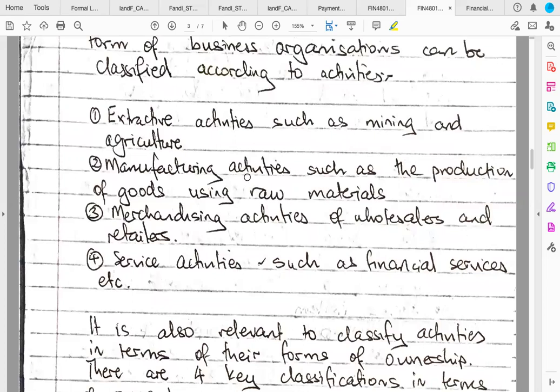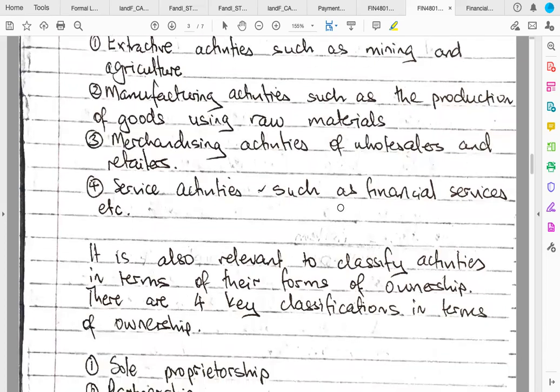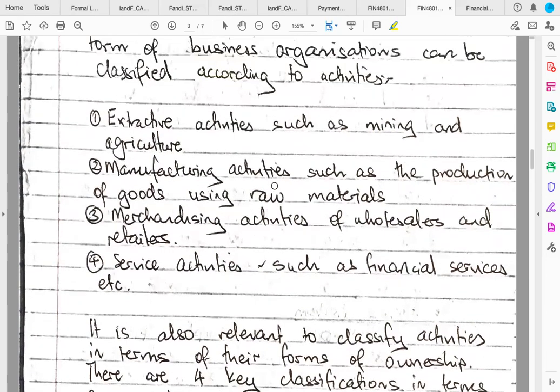Some businesses are in manufacturing activities, such as the production of goods using raw materials. Others are in merchandising activities, such as wholesalers and retailers, and then service activities, such as financial services. These would be banks, insurance companies, and so forth.